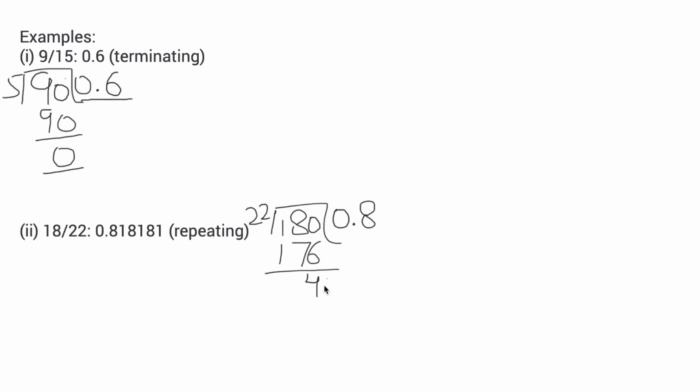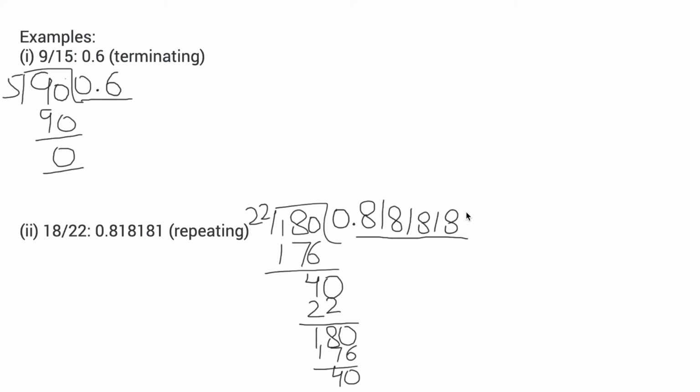Now in 22, again we got 18. Then again 8, 176. We got 4 and then again 0. Similarly it goes on in a similar fashion, 1, 8, 1, 8 and 1.